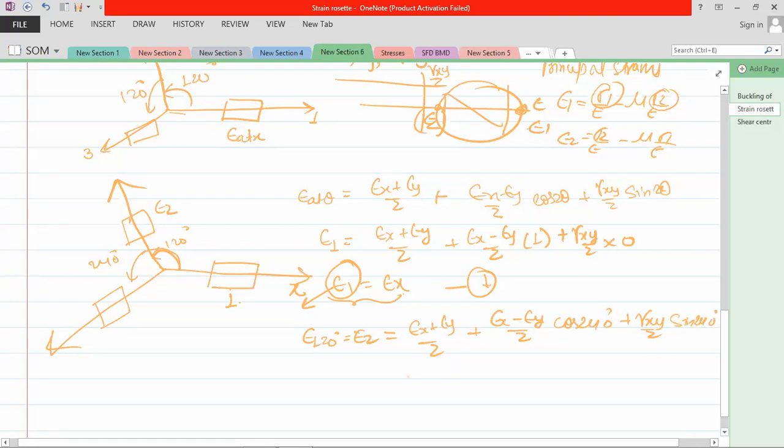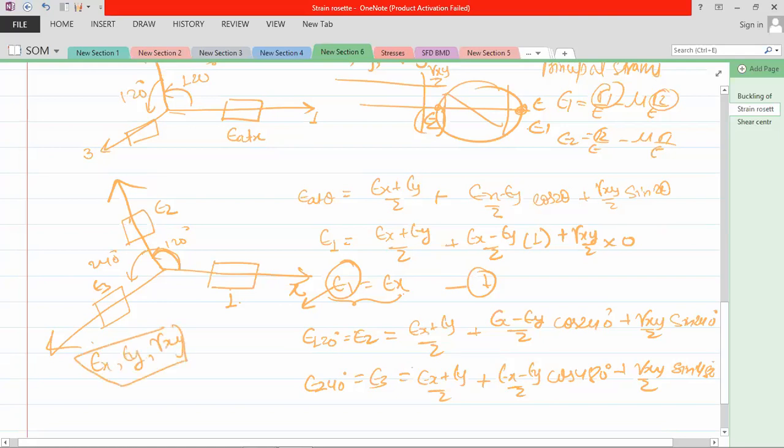Now epsilon at 240 degree, that is epsilon 3, is equal to epsilon x plus epsilon y by 2 plus epsilon x minus epsilon y by 2 cos 480 plus gamma xy by 2 sin 480. So from these equations you can get epsilon x, epsilon y, and gamma xy.